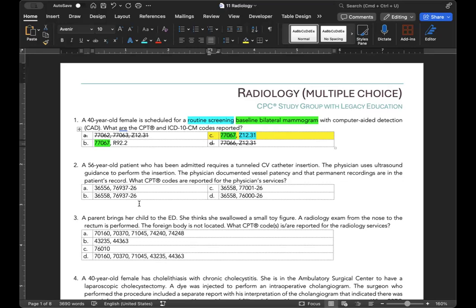So 76937 is for ultrasound guidance for vascular access, requiring ultrasound evaluation of your potential access site. So they used ultrasound guidance in order to perform the insertion. So we know we need either A or B. Everybody agree with that?